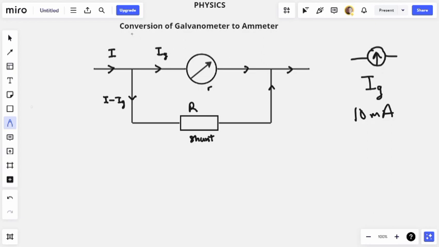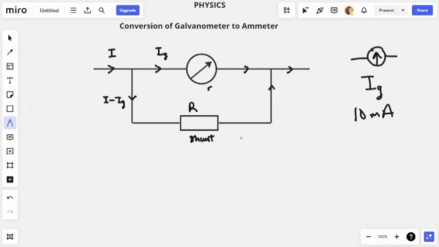To convert a galvanometer to an ammeter, or to extend the range of the measuring capacity of the ammeter, we connect a resistor in parallel to the galvanometer. You see the resistor here, capital letter R, or you call it shunt.